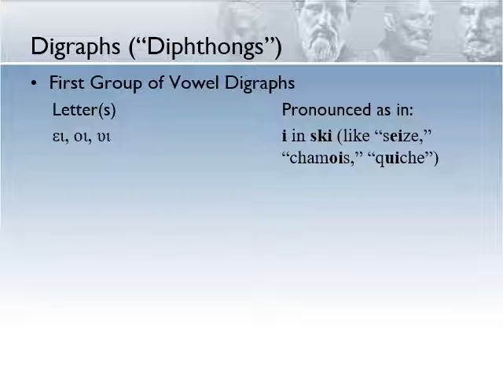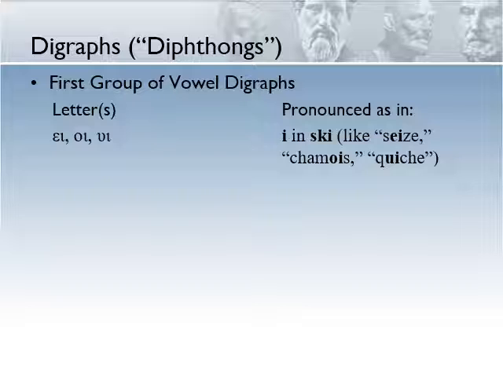So if that's difficult to remember, if you're thinking about epsilon iota, think of an English word like seize, S-E-I-Z-E. The E-I in seize looks a little bit like the epsilon and iota, and it's pronounced like it. So in English, the E-I in seize is pronounced like this phonetic I.